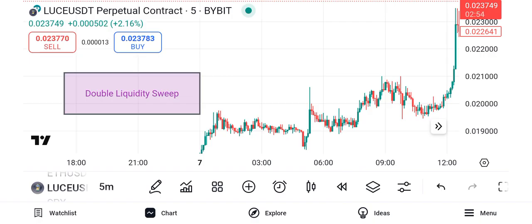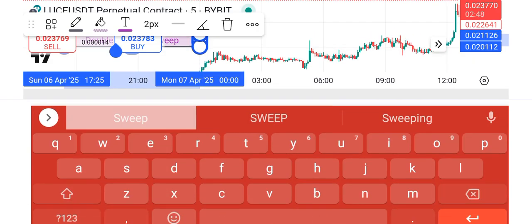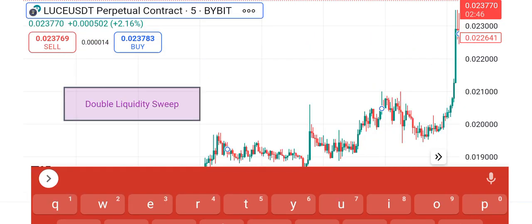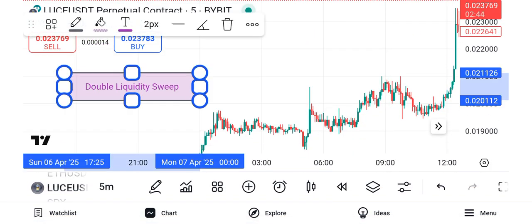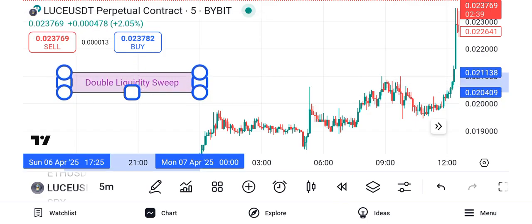Now, in this section, we are going to talk about the double liquidity sweep, right? Now, what is a double liquidity sweep?